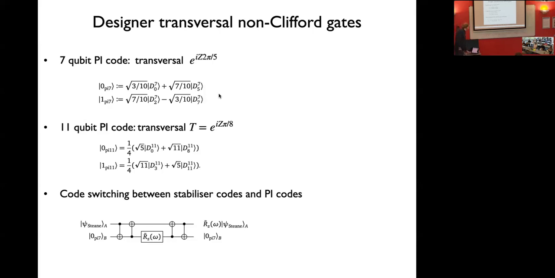Well, then you could prepare one of these 7-qubit PI codes in a logical 0, do a sequence of 2 CNOTs on them, do the transversal Z rotation on the permutation invariant code, and then do the 2 CNOTs, which basically just swaps it back. So that'll give you the non-Clifford gates on the encoded information back in the Steane code.